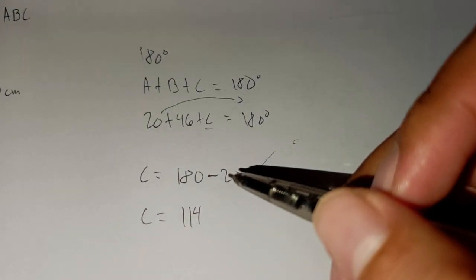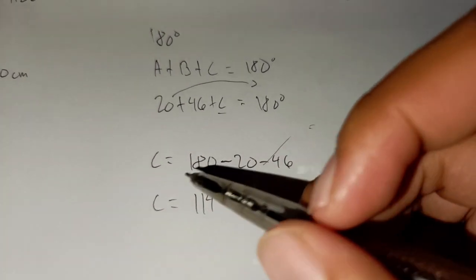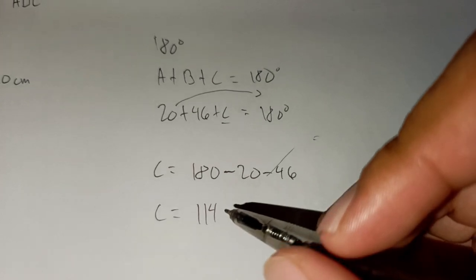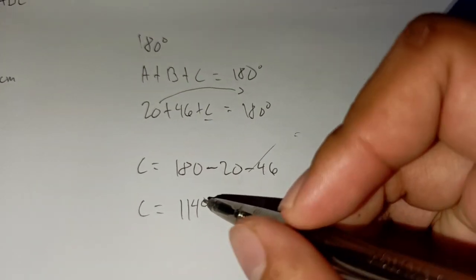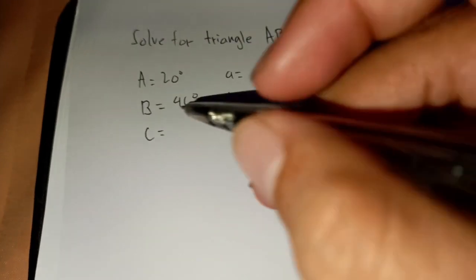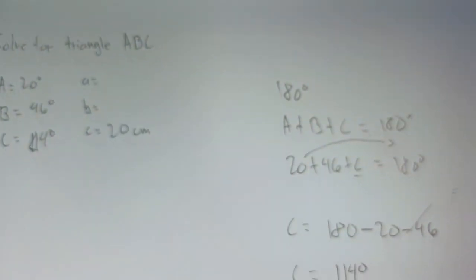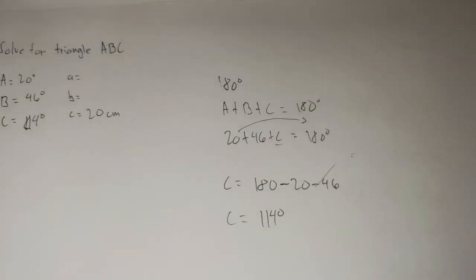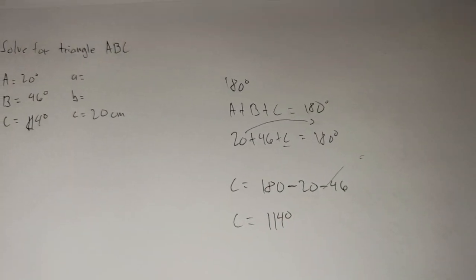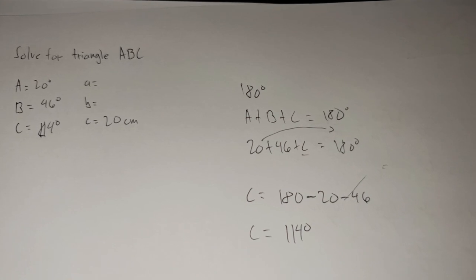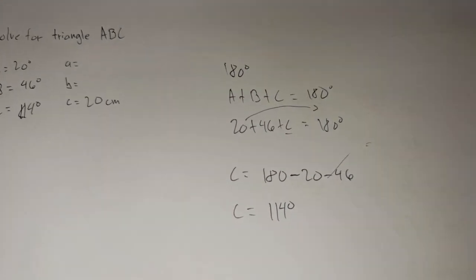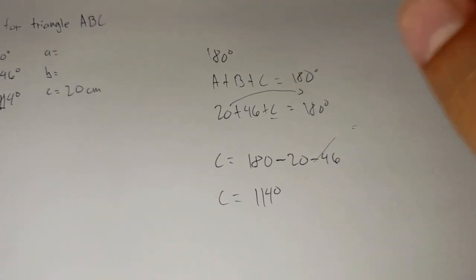So we have the answer: C is equal to 114 degrees.